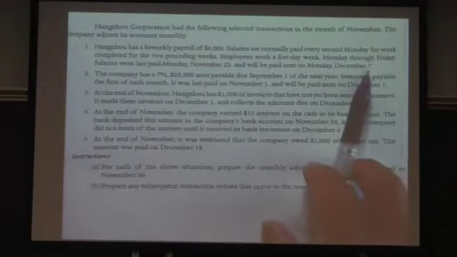So what do we have here? If I was to draw a timeline, this is Monday, Tuesday, Wednesday, I'll use R for Thursday, Friday, and of course we've got Saturday, Sunday, then Monday again, Tuesday. So this would be the 23rd, November 23rd. We need to accrue salary expense for the 23rd, 24th, 25th, 26th, 27th.